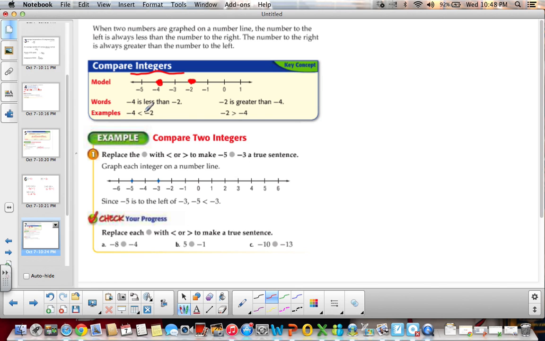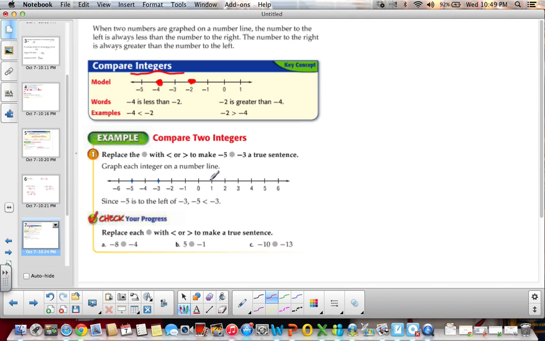So remember, the greater than, the opening of our sign is always pointed to our larger number. It gets confusing with negatives because we're used to saying, no, 2 is less than 4. But it's totally opposite now with integers, because actually -1 is a lot bigger than -10.